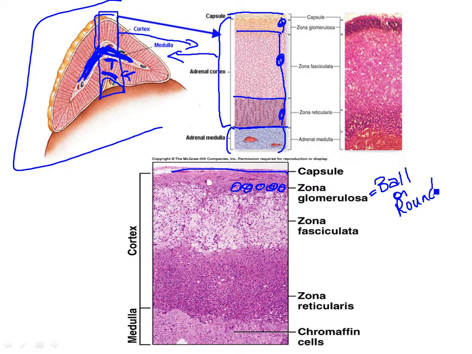You will see that you have clusters of cells that appear somewhat all wadded up into balls. A fascicle is a long tubular structure. Even though this picture doesn't show it as well, most of the time you're going to see cells that are somewhat arranged in columns.